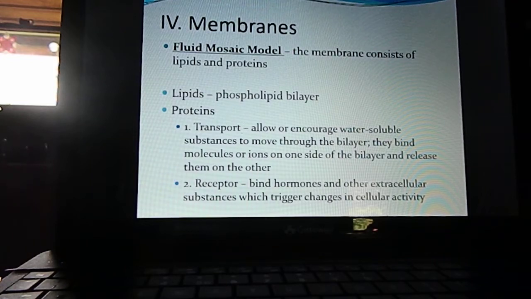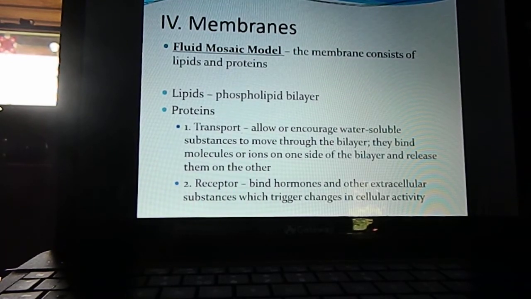The receptor proteins are those that bind messages, and then they send those messages into the cell, and the nucleus then decides to take that information and act on it.